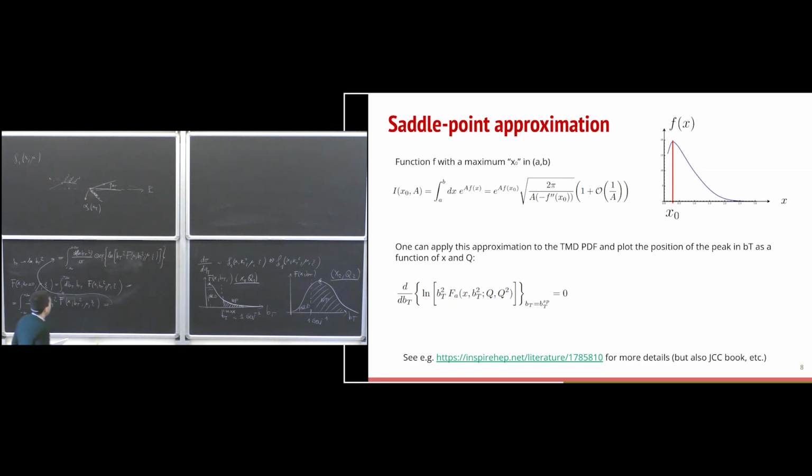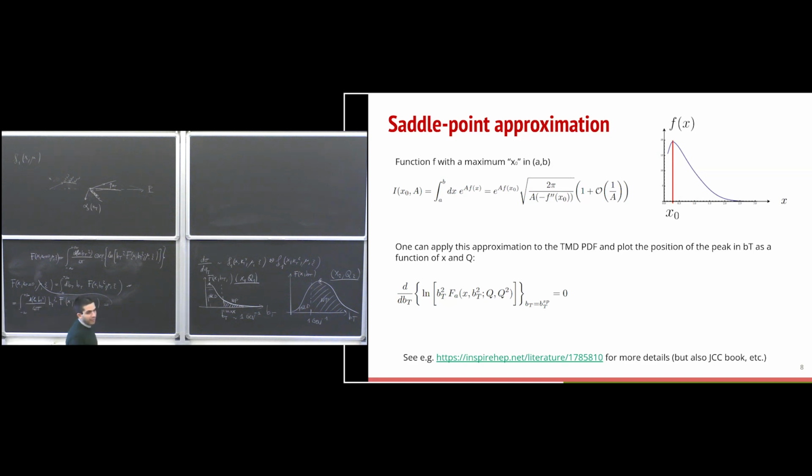Once you put the integral in such a form, in order to find the saddle point, what we need to do is to find the stationary point of the integrand, so the maximum. What do you do to find the maximum of a function? You differentiate it, and you see where the derivative is 0.